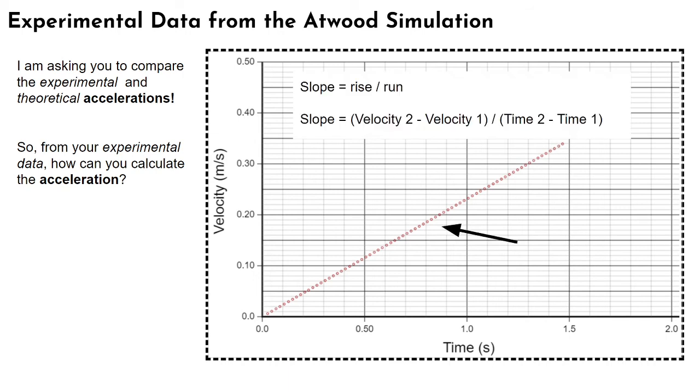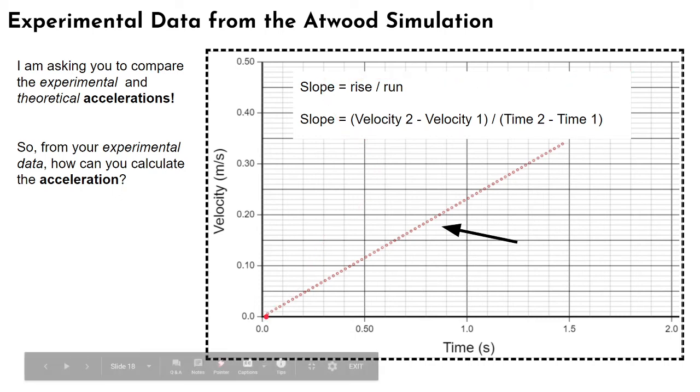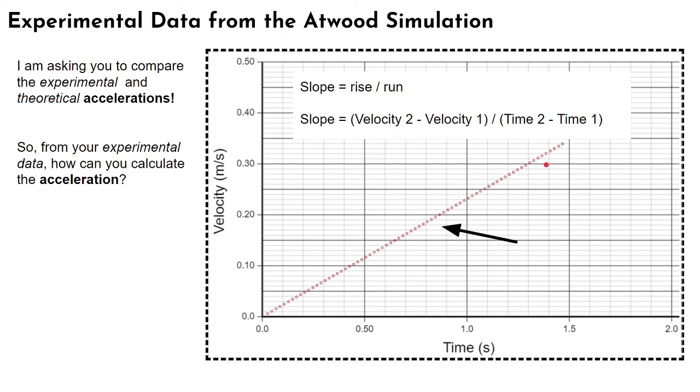So, if I sat you down with graph paper and scratch paper and said calculate these values by hand, with a calculator and a pencil, you would calculate the acceleration at every time point based on the slope equation: velocity 2 minus velocity 1 divided by time 2 minus time 1.